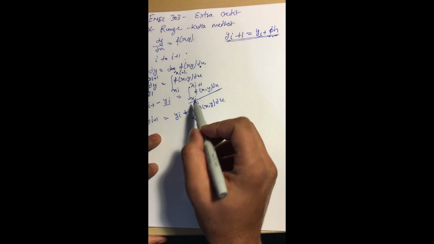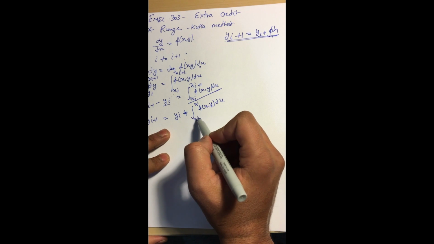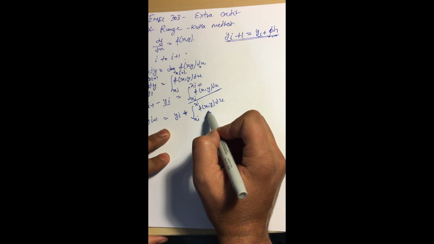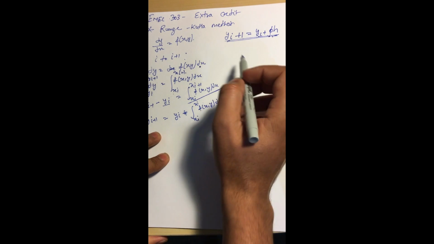And this is also the same thing: our function plus step size times slope. Okay, so that makes some sense.